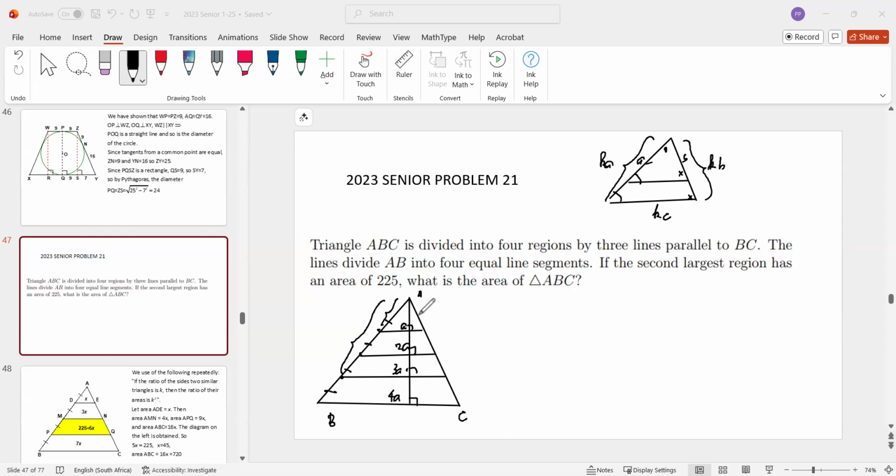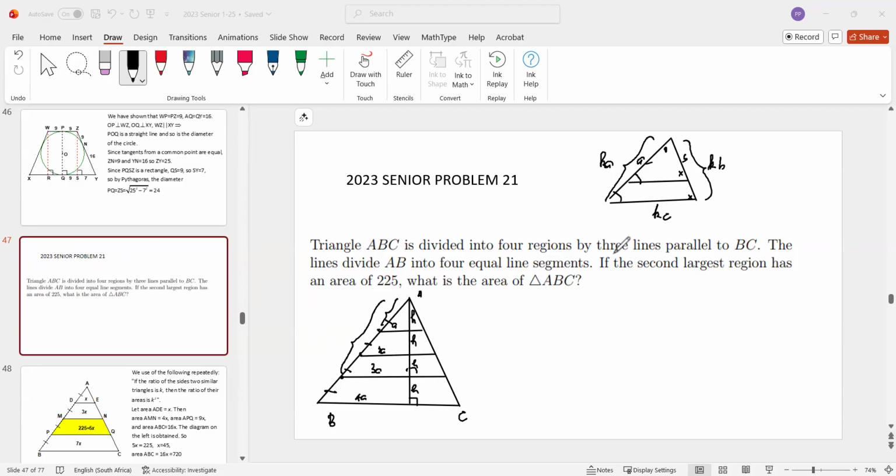Each of the triangles. Let's call this one small triangle this H. Then all these will be the same. This will be H, this will be H, and that will be H. Okay. Now the A's are the horizontal lines. Okay, let me just push them far away so we don't have any confusion. A, this is 2A, this is 3A, this is 4A.